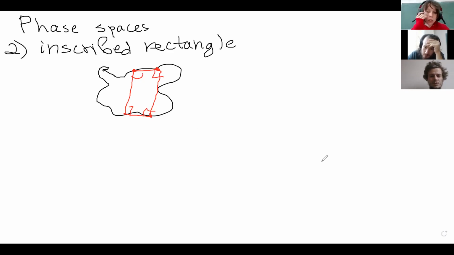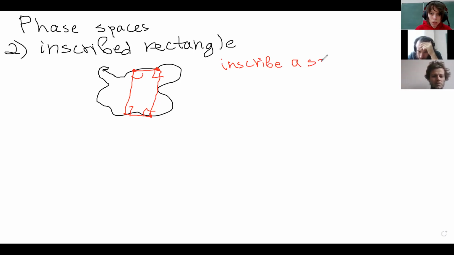There are actually two more interesting results. They were proven recently: that you can inscribe a square, and you can inscribe, I think, a rectangle with a given ratio of its edges.